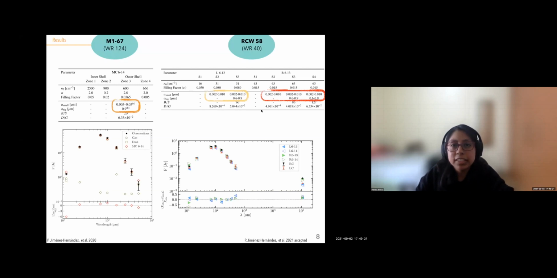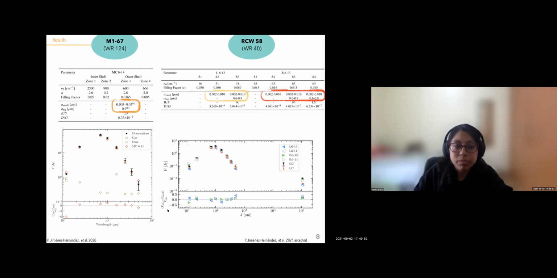In these outer layers, we have 2 populations of grains: one population of small grains and another one of large grains. Here also, in the figures, you can see the spectral energy distribution obtained from infrared observations and the synthetic photometry from our models. We have a good fit with the observations.